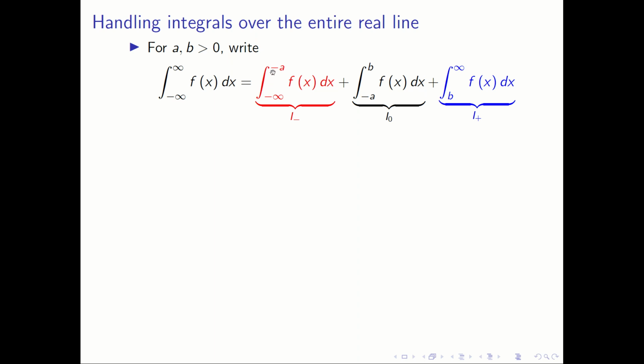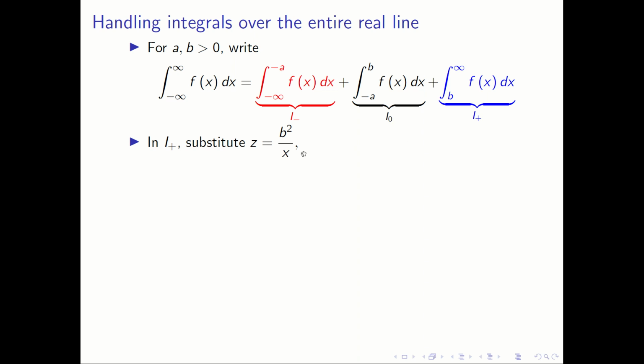Minus infinity to minus a, so only negative x values here. Minus a to b, this straddles both negative and positive values, and b to infinity. So let's call these three pieces I minus, I0, the one where the domain of integration includes 0, and I plus.